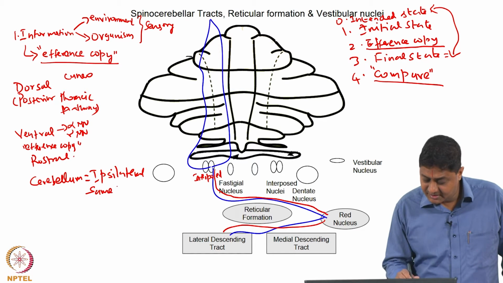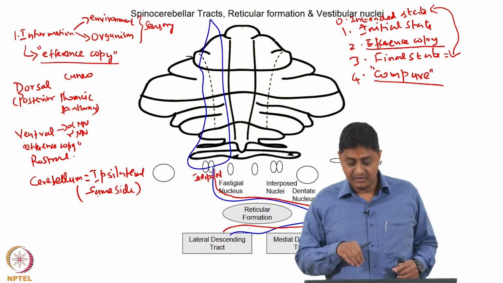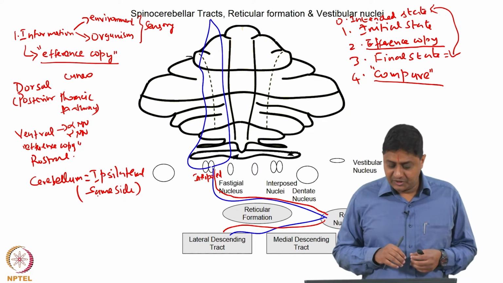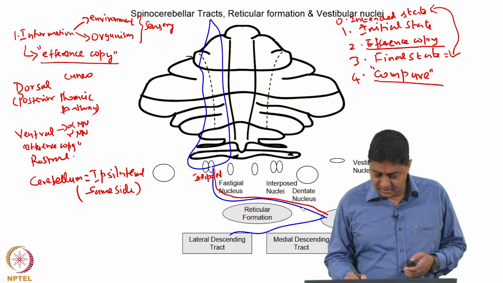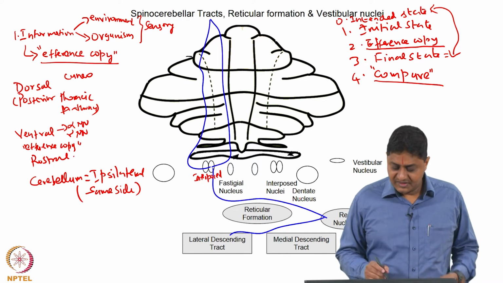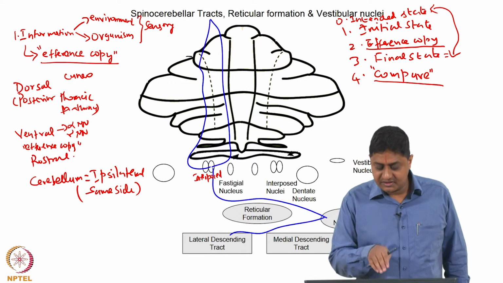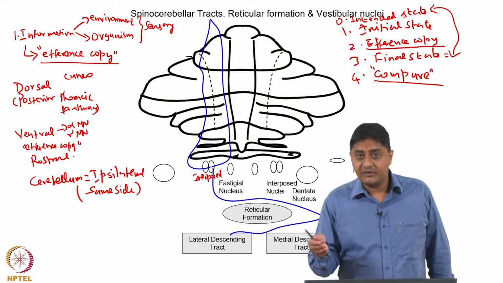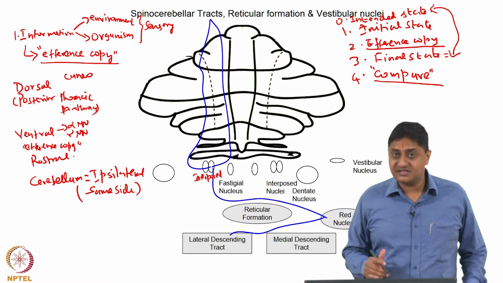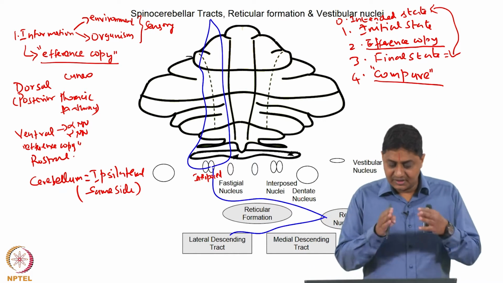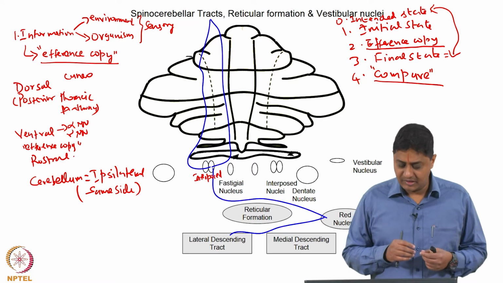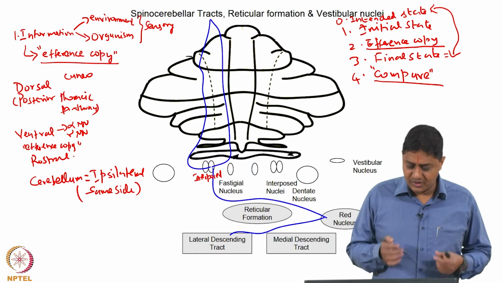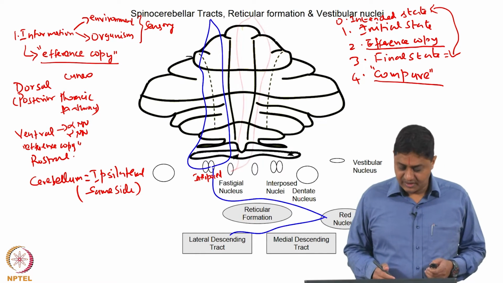That does not necessarily mean that all the projections have to be on the same side. In this case the crossover happens two times, once from the left side to the right side, and then from the right side back to the left side. So there is a double crossover, ensuring that the same side of the body is still being modulated by the cerebellum, right.